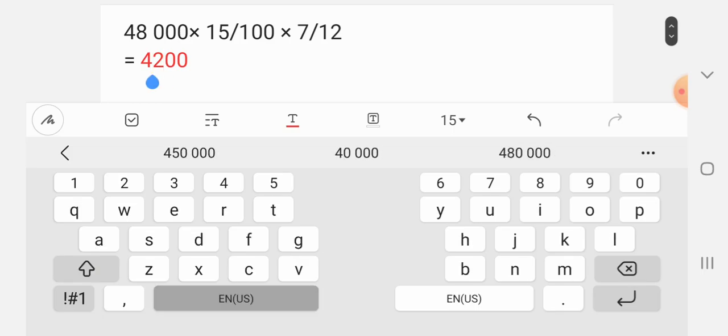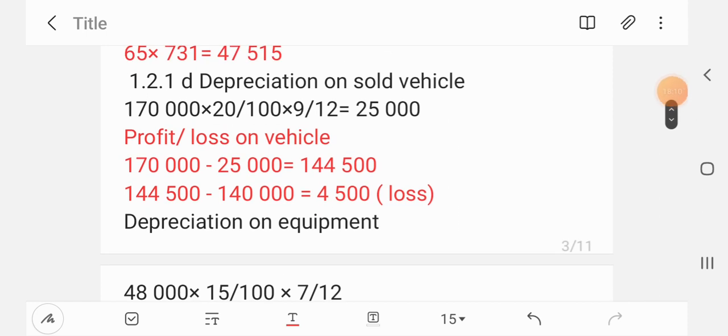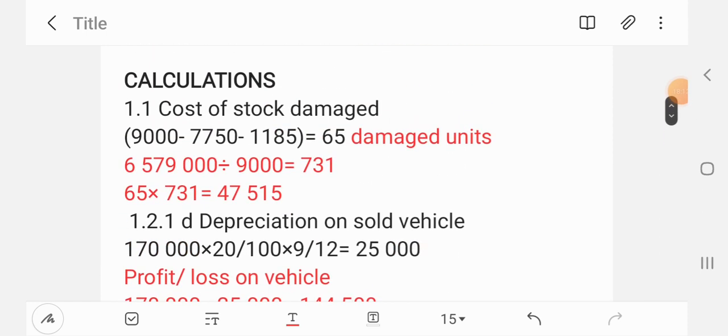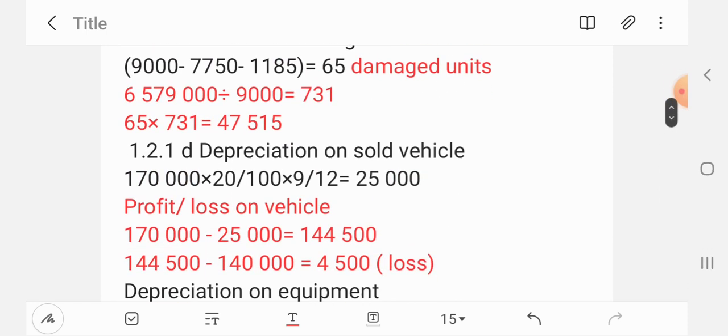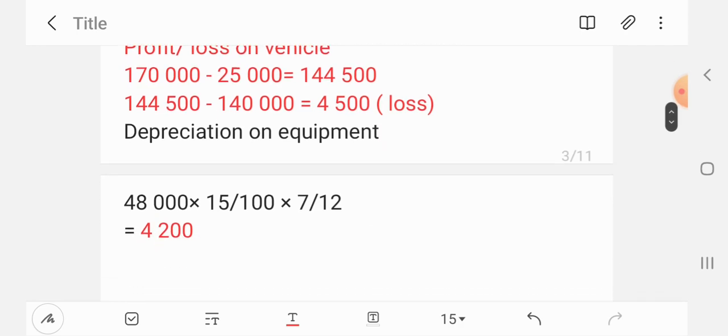So those are the calculations of the cost of damaged goods, depreciation on the sold vehicle, and depreciation on equipment.